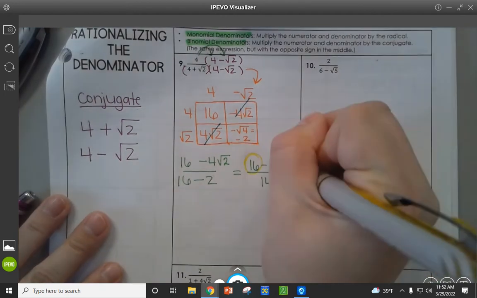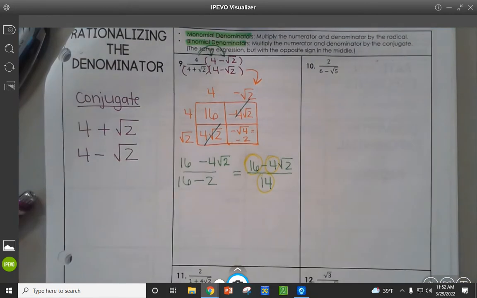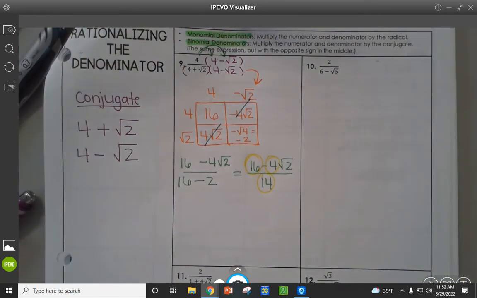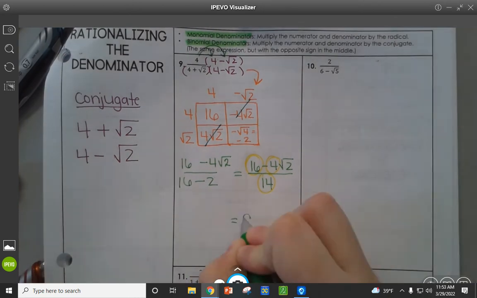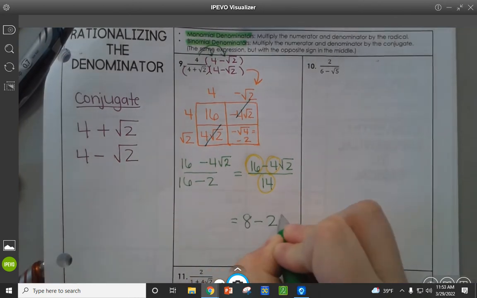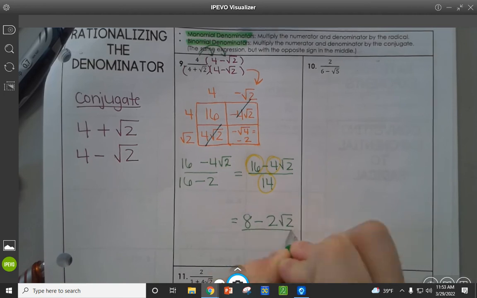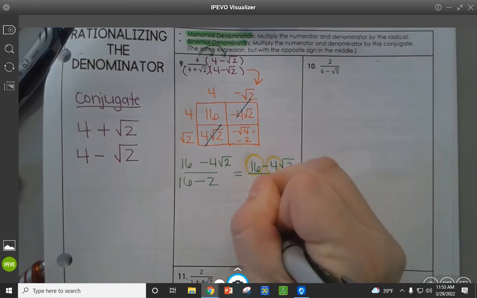And then you have to look at these three numbers to see if they're all divisible by anything. Can you divide any of, or all three of those numbers by something? Divide them all by 2. So this would be 8 minus 2 radical 2 over 7.